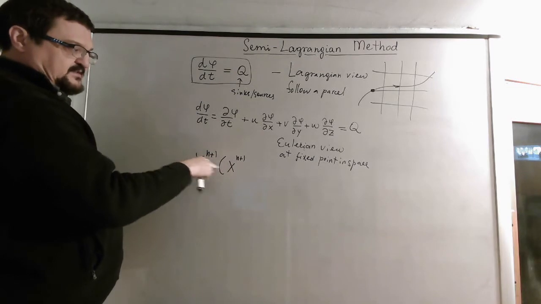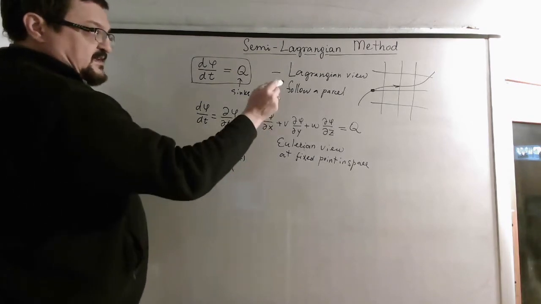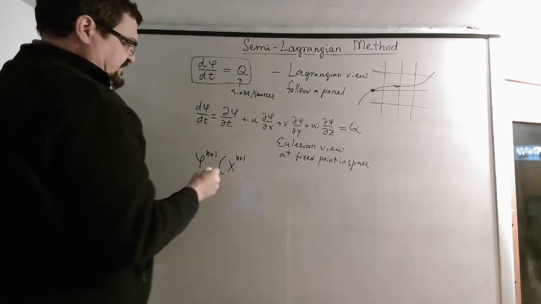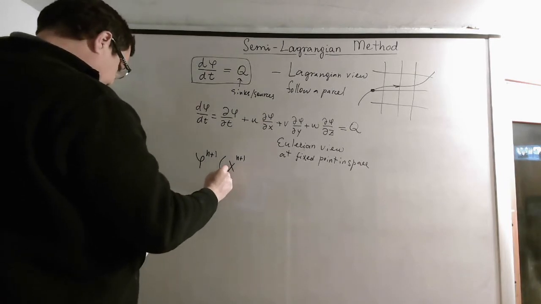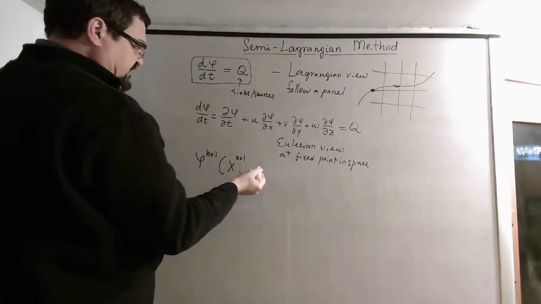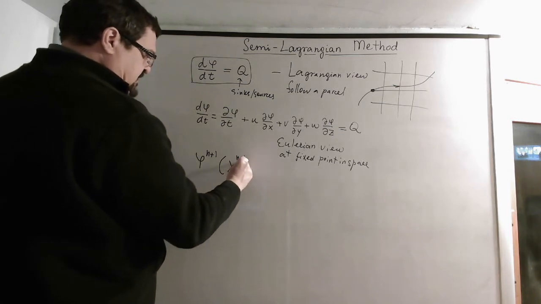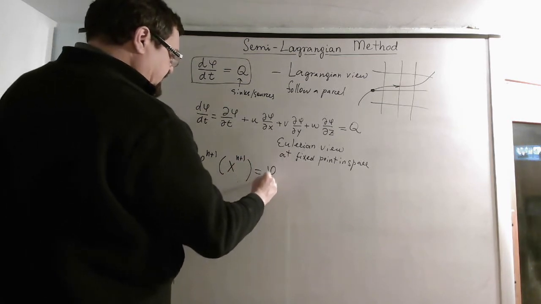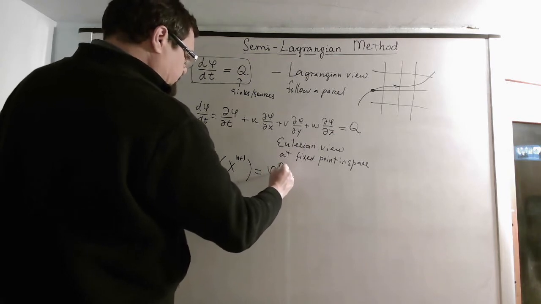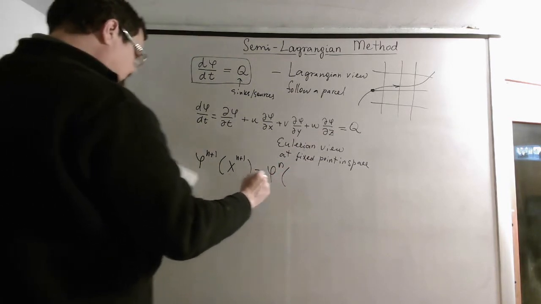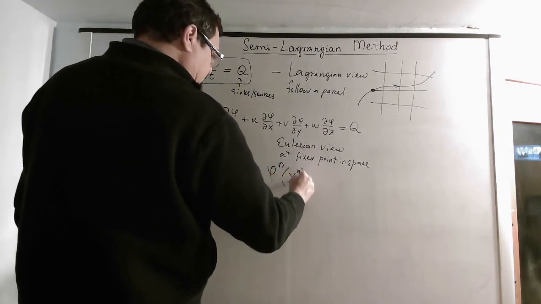I'm not writing an index here for the grid. Just at some trajectory point n+1, and let's consider a one-dimensional case, equals phi n at point xn.